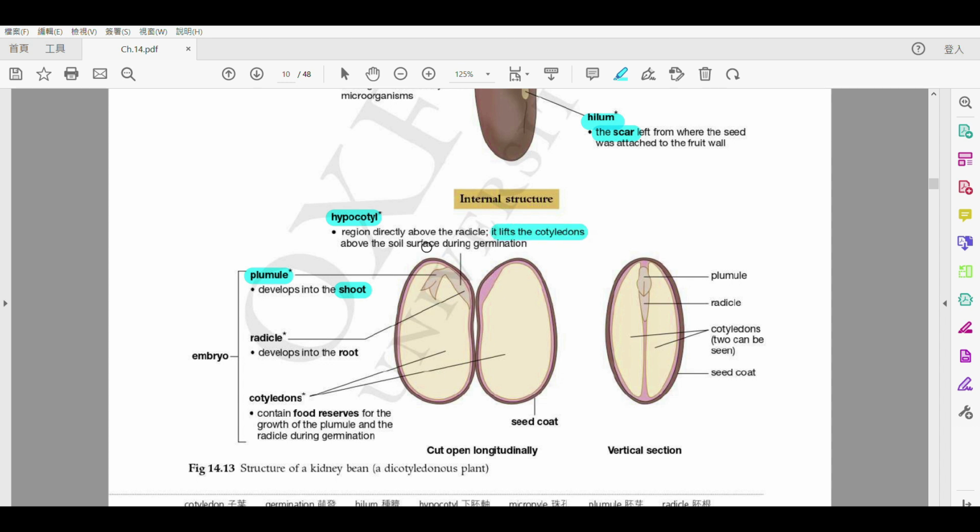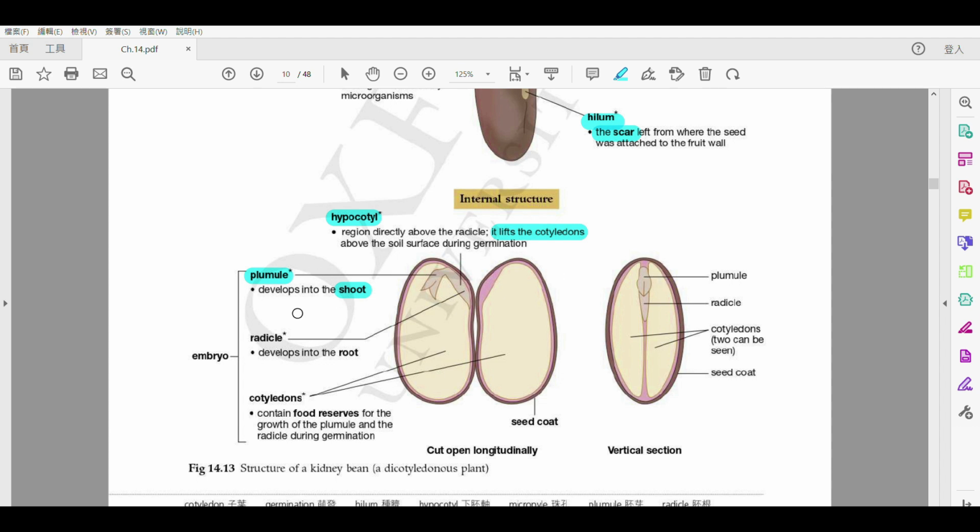The two cotyledons are mostly protecting the plumule. When it gets above the soil, you will first see the two cotyledons, and after the cotyledons fall off, you will start seeing the plumule. But don't worry, we'll talk about this in the next page.